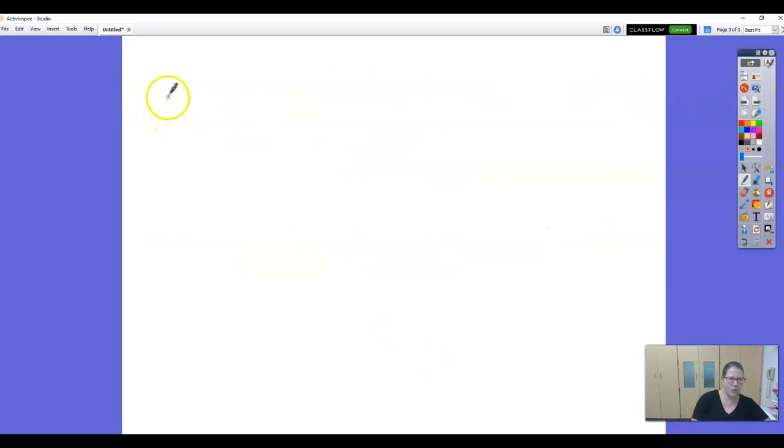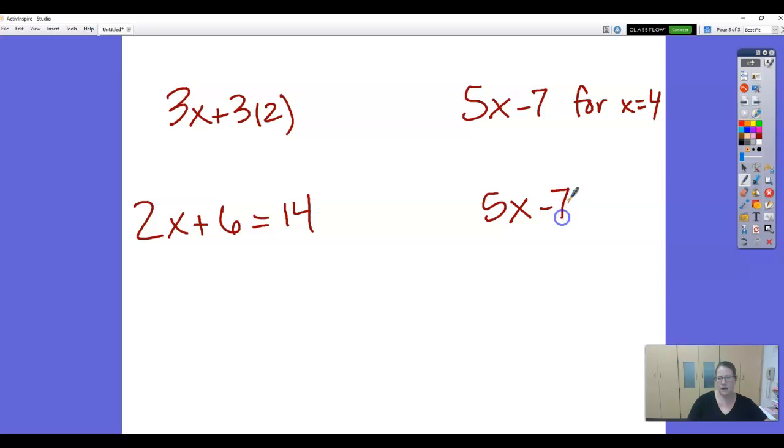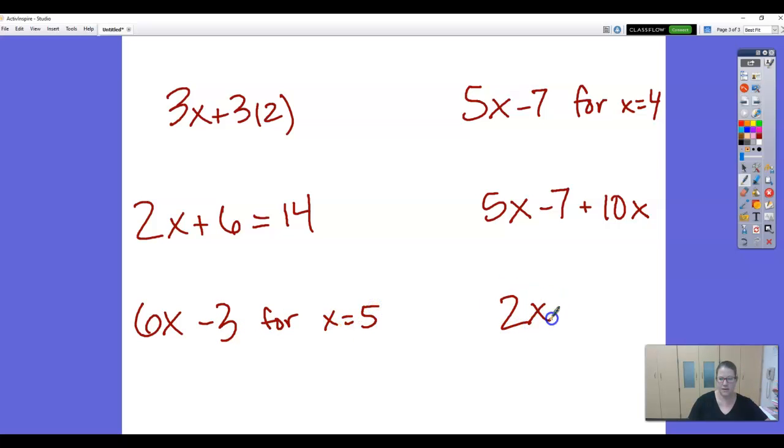So if I have the following expressions and equations, like 3x plus 3 times 2, and 5x minus 7, x equals 4, and 2x plus 6 equals 14, and 5x minus 7 plus 10x, and 6x minus 3, x equals 5, and 2x equals 10.